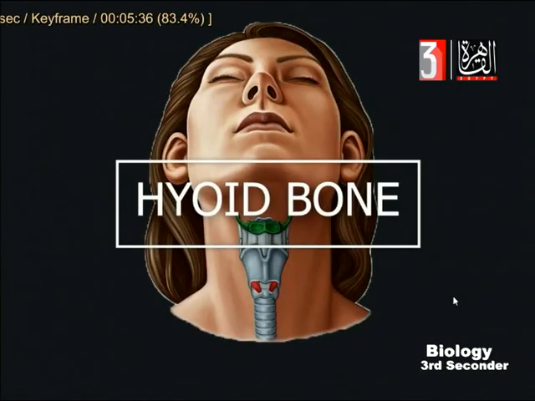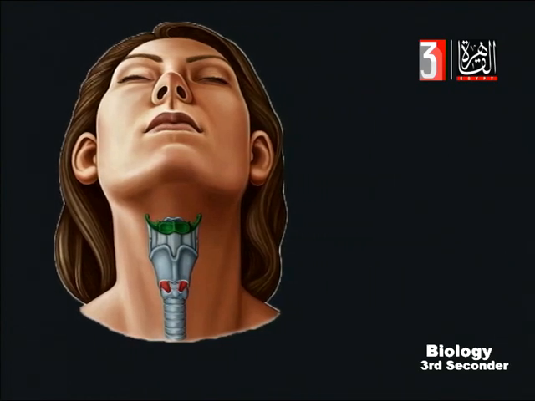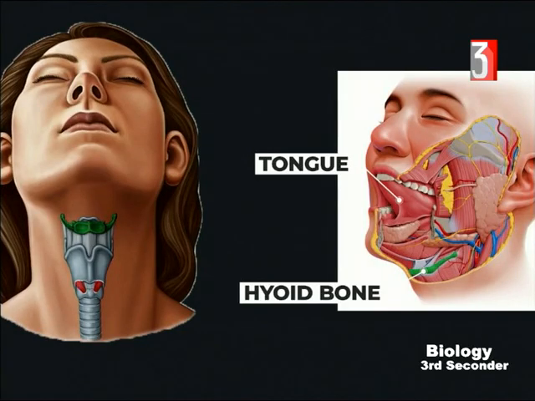Number 1 is the hyoid bone. The hyoid bone is the tongue bone, located at the top of the larynx. This is the green one. This is the hyoid bone, present at the top of the larynx, as you see here.